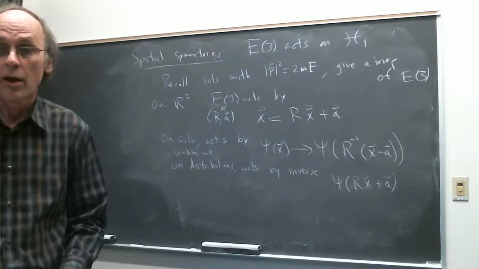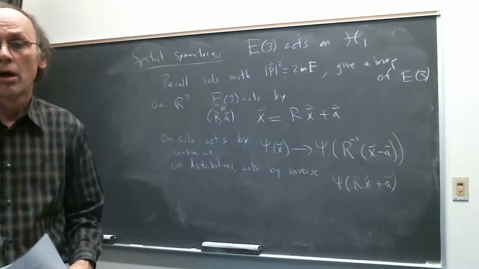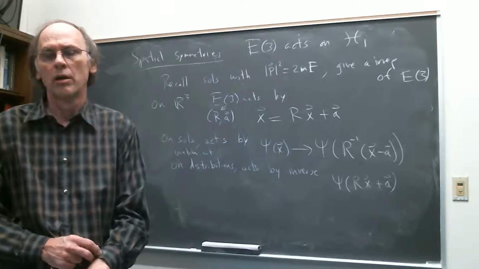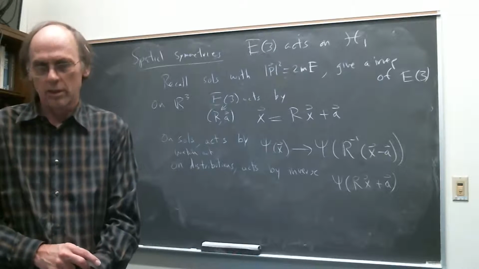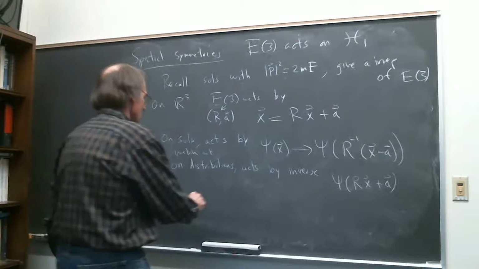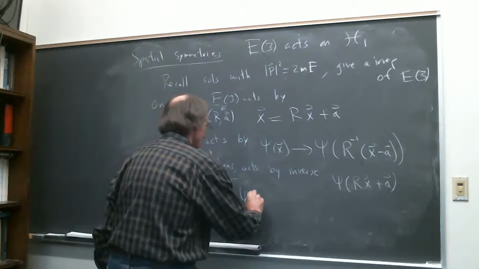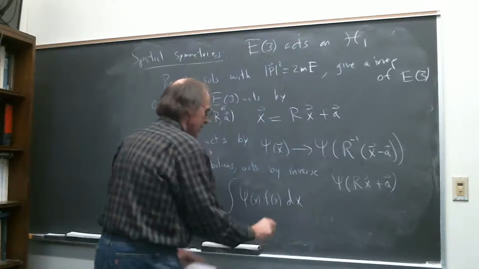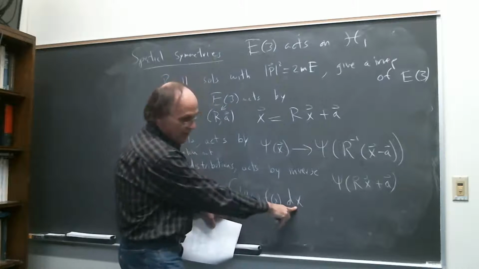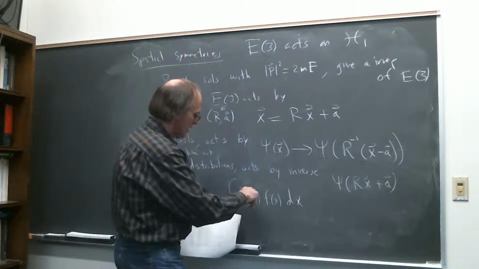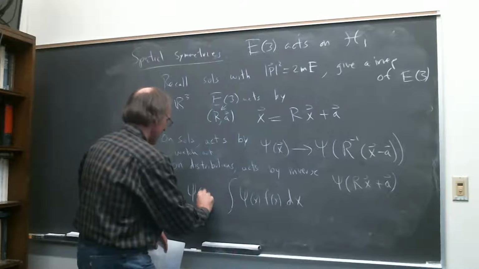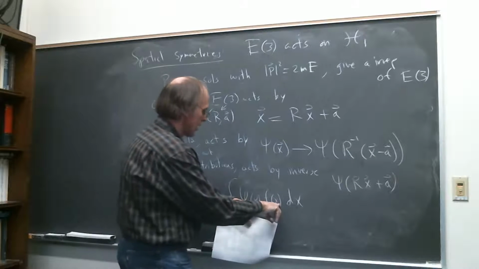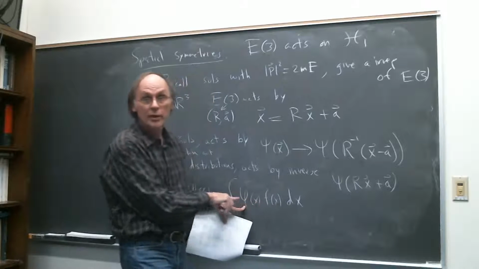So that's just because, if you give it a test function, you have some integral, you can change the variables. You have an integral of psi of x, f of x, dx. And if this integration is invariant, then if you want psi of f to be invariant, if you change this in one way, you got to change this in the other way.